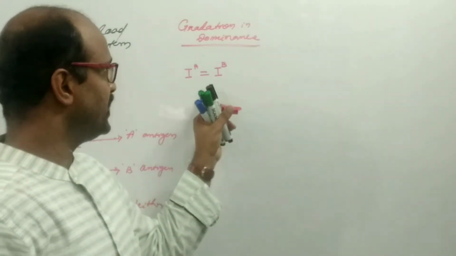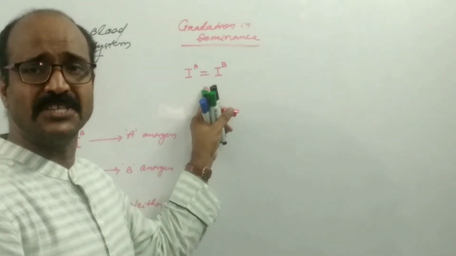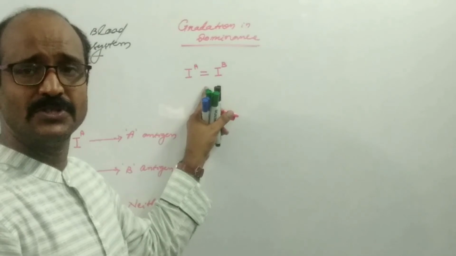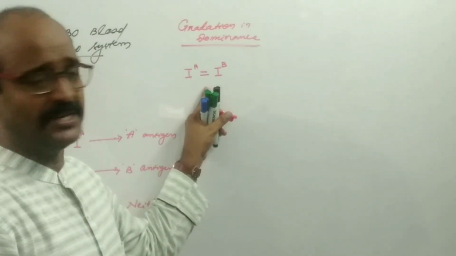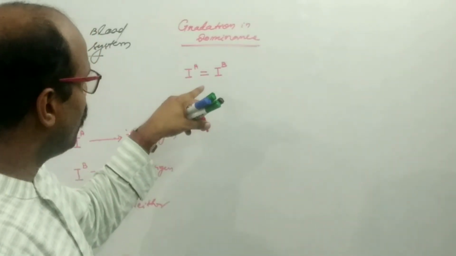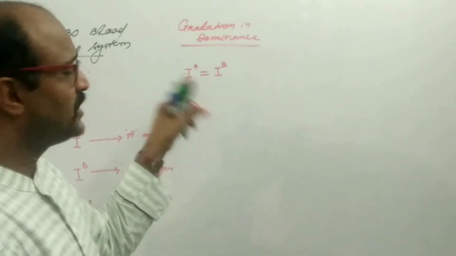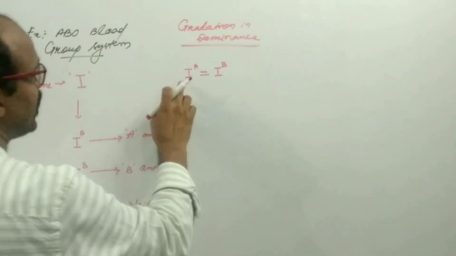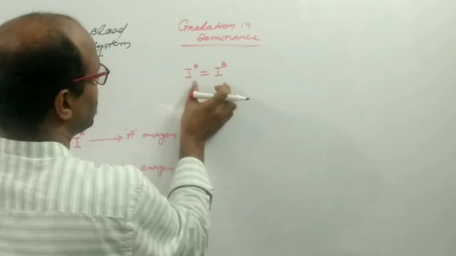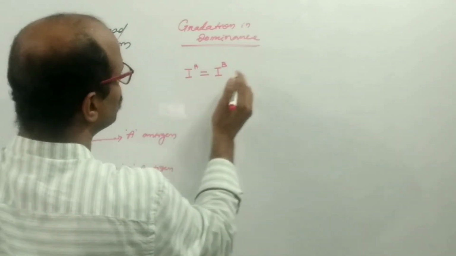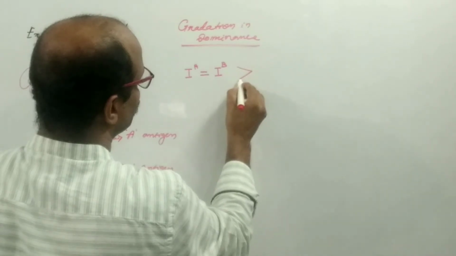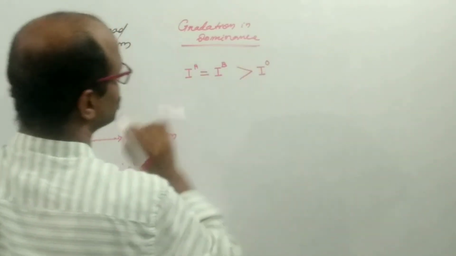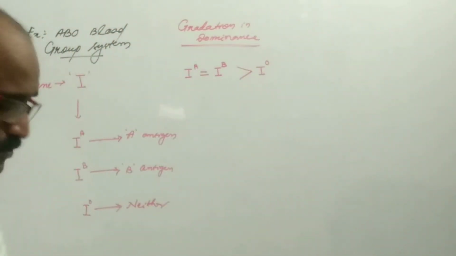If both are present, both would express equally. So it shows the co-dominance behavior. That's why I have already discussed this example in my co-dominance session. So both IA and IB are equally dominant, and both are dominant to IO.